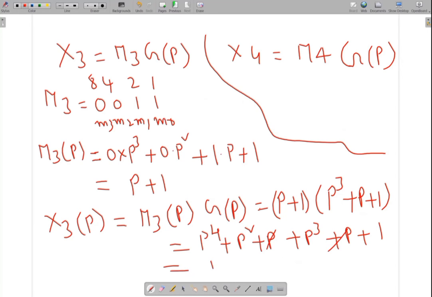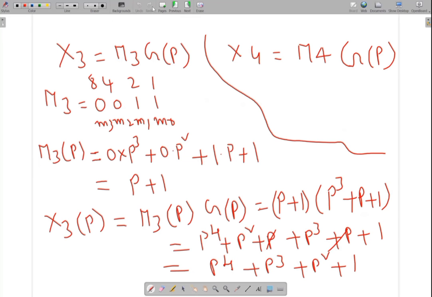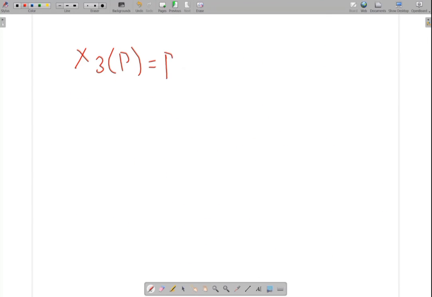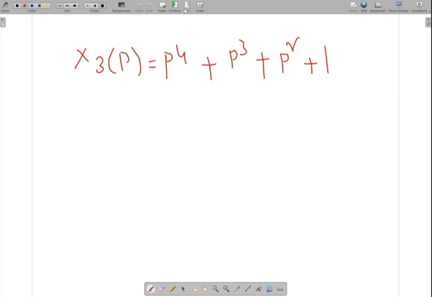P cancel, therefore p power 4 plus p cube plus p square plus 1. Therefore, x3 of p is equal to p power 4 plus p cube plus p square plus 1, right?